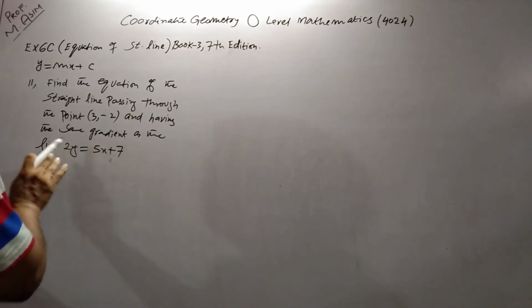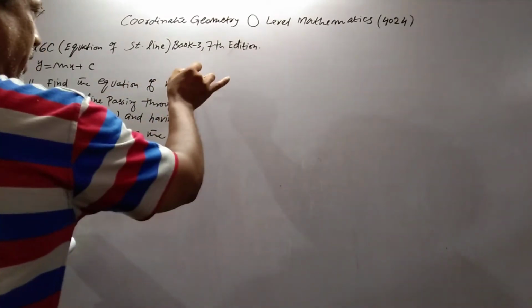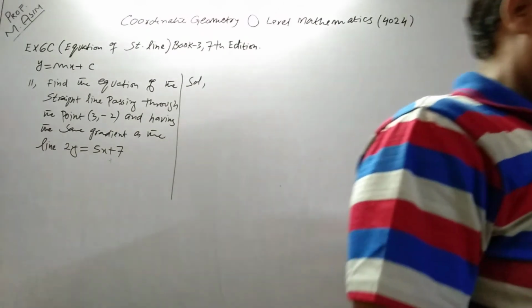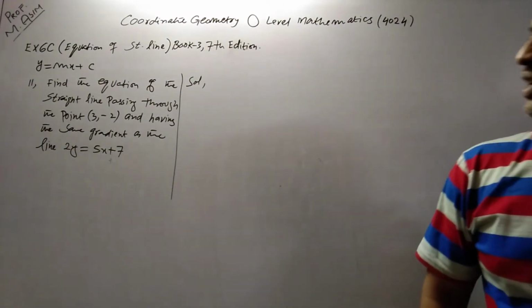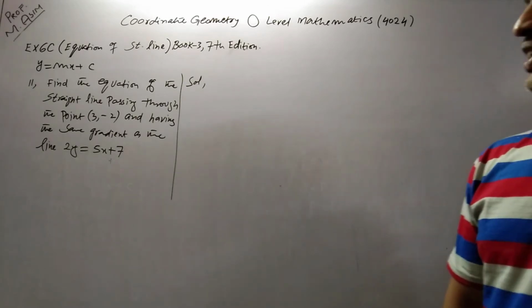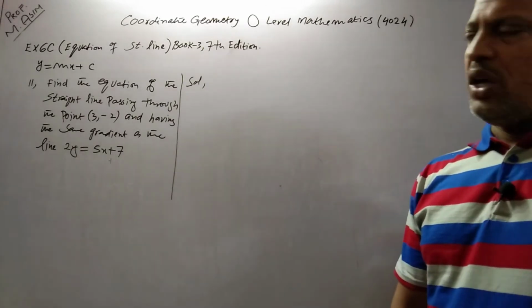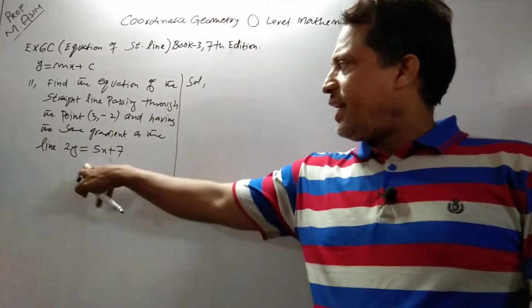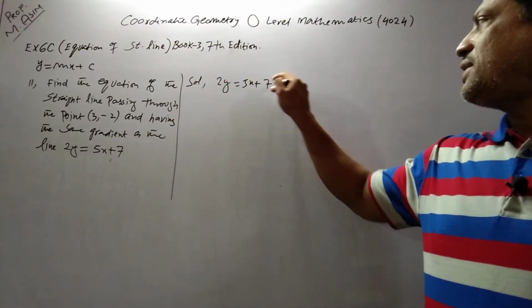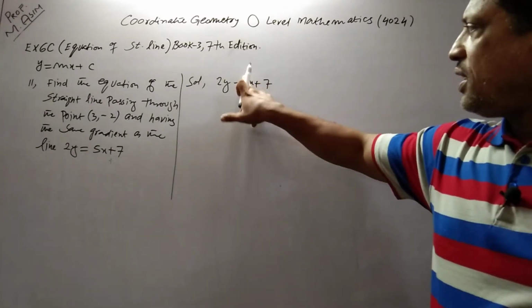Solution. Very easy. First we have to take the equation of the given line, which is 2y = 5x + 7.